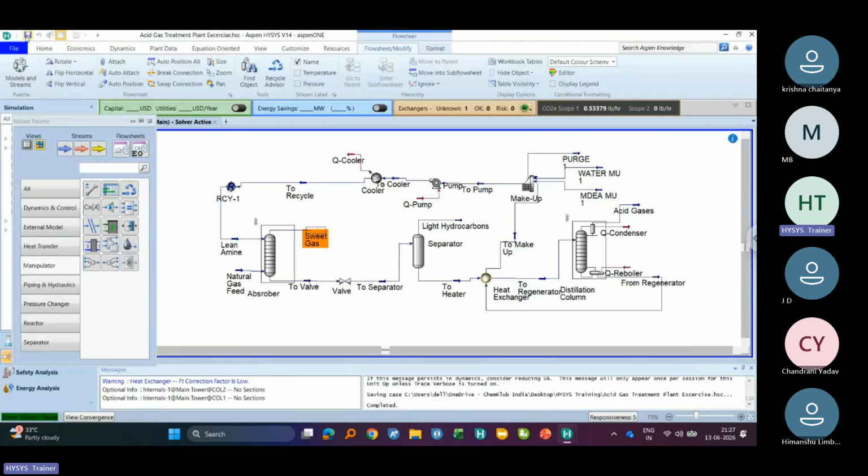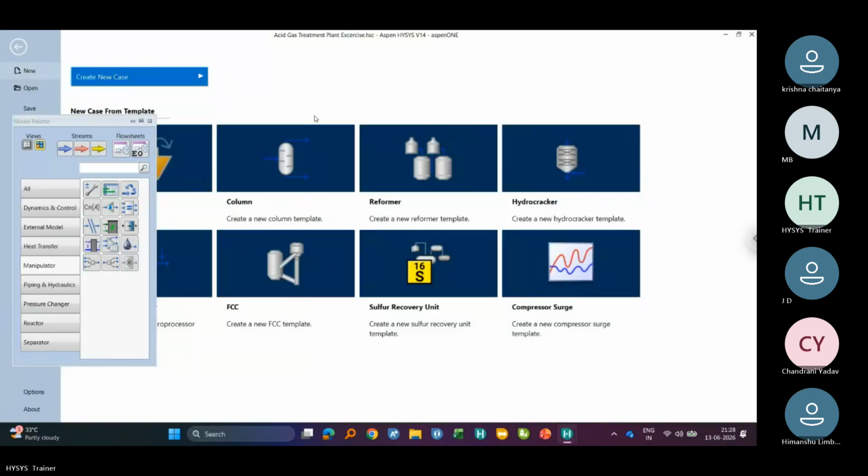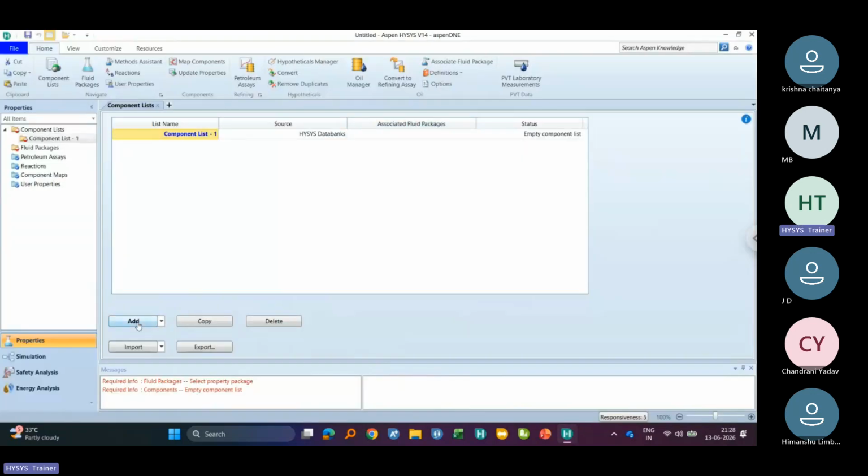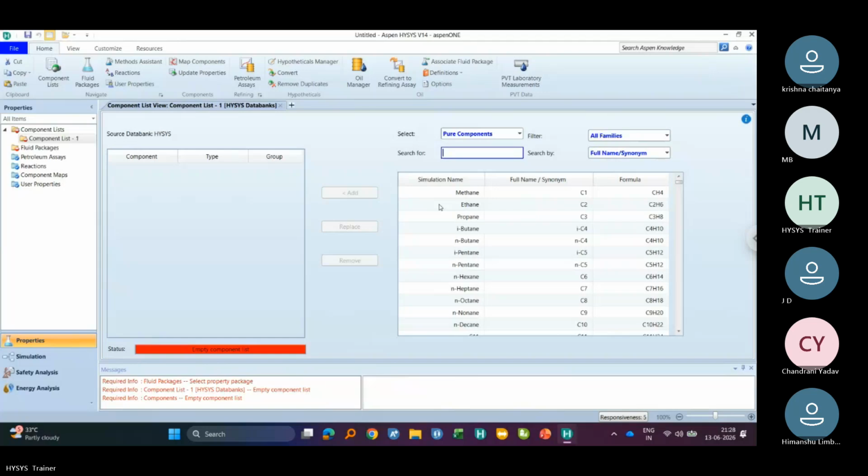What I will do is I will just save this case and open a new case, and add the components quickly so that you will get an idea. Because if I remove the absorber now from the system, it will recalculate everything and again it will go into an unconverged mode.